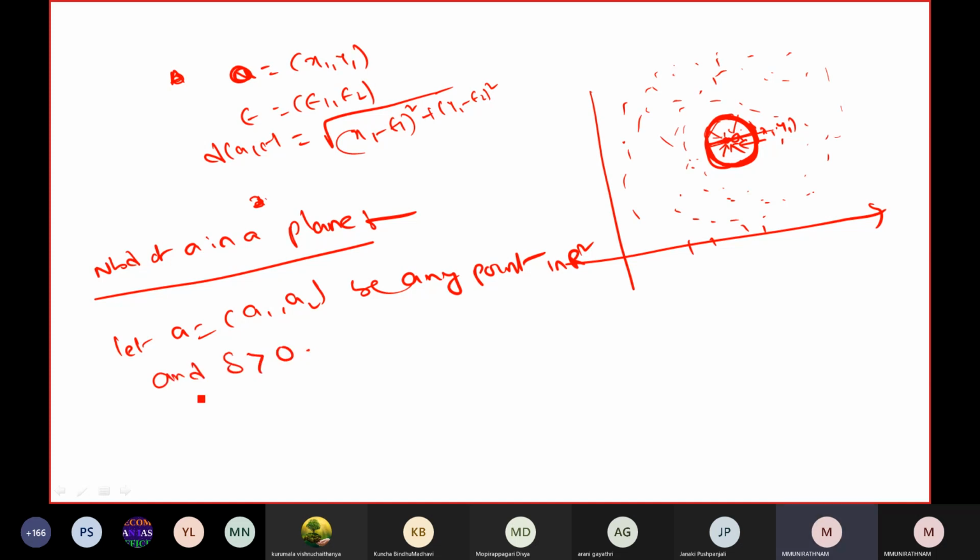The delta neighborhood of a point A is N delta of A, or N delta of P, okay.